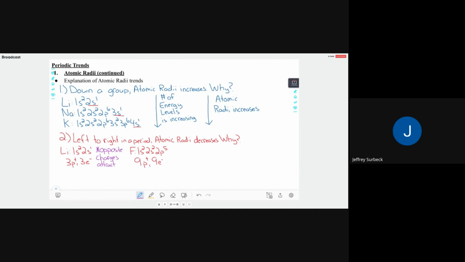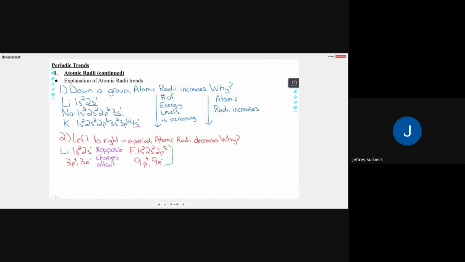Now, I want to look here specifically at fluorine, okay? So fluorine, we have this occurring right here with the fluorine. 9 protons is a lot more protons than 3 protons, okay? There are more protons and more electrons.